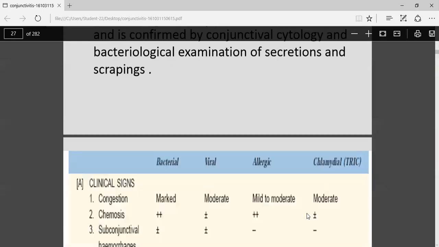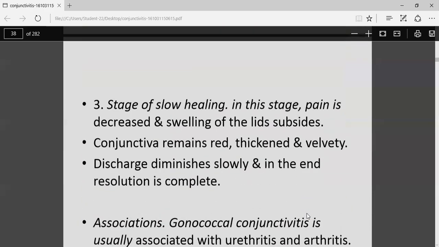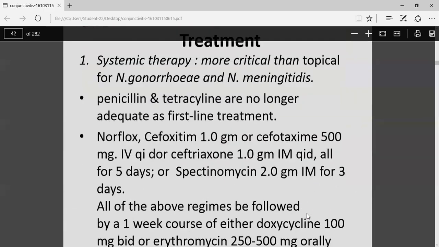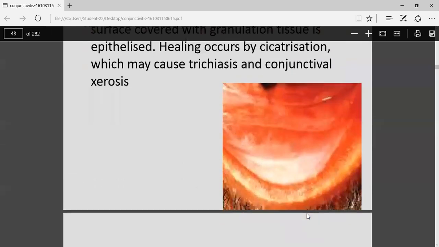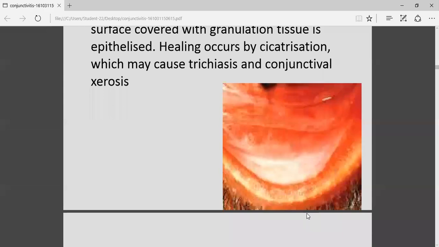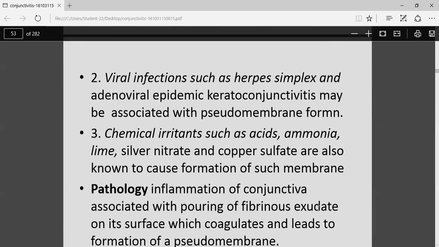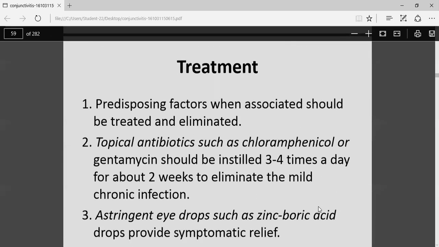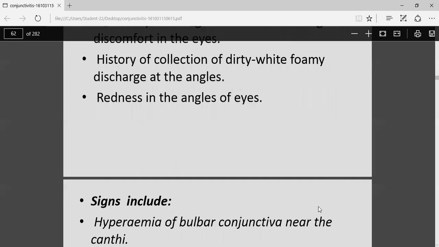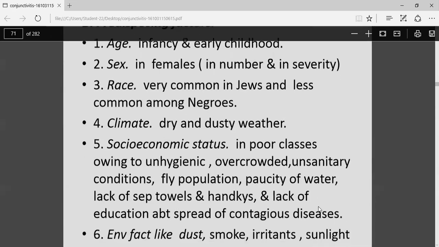Let's jump on to today's topic. What are these: chronic conjunctivitis, mucopurulent, purulent, membranous, pseudomembranous, angular, chlamydial, adult inclusion conjunctivitis, trachoma.